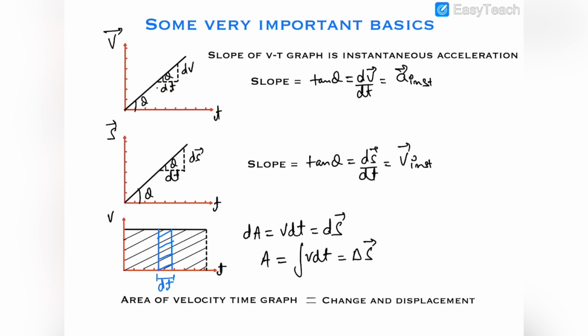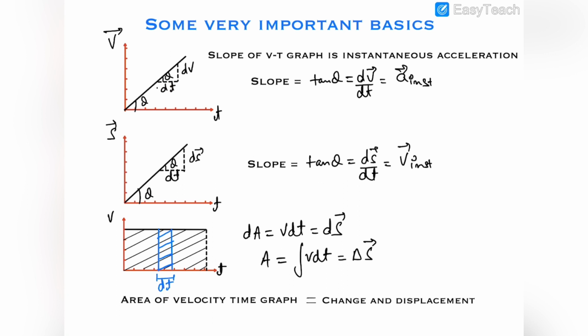So I have assumed that this is a small element dv, which is a small part of v, and this is a small part of x, which is dt, because the x-axis is the axis of time. So this is dv and this is dt. So tan theta would be equal to dv by dt.